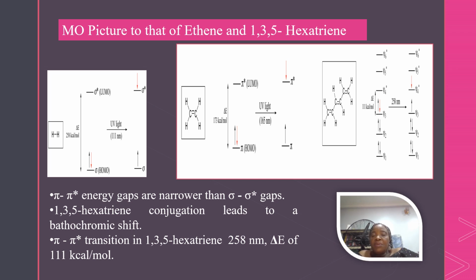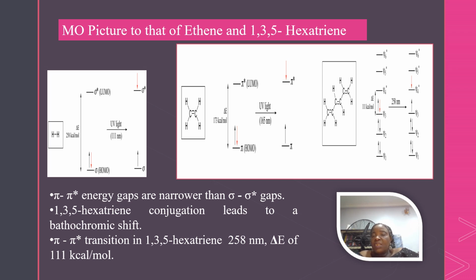The increased conjugation, as we can see in that figure, in 1,3,5-hexatriene leads to what we call a bathochromic shift, a red shift, moving the absorption maximum to longer wavelength. You can see the wavelength that 1,3,5-hexatriene has there, 258 nanometers.